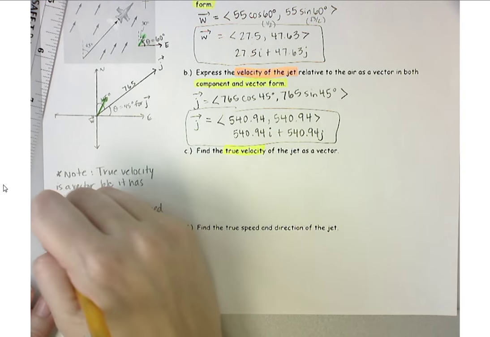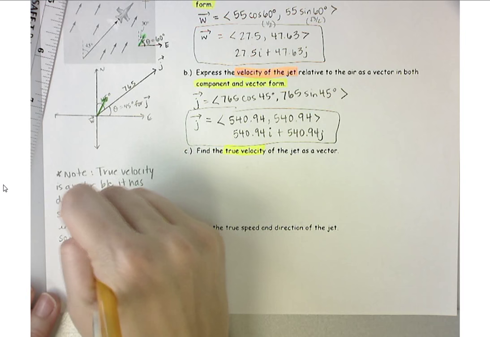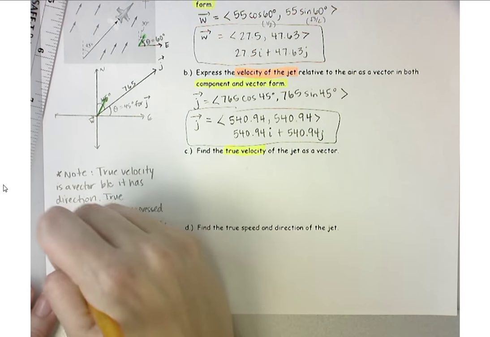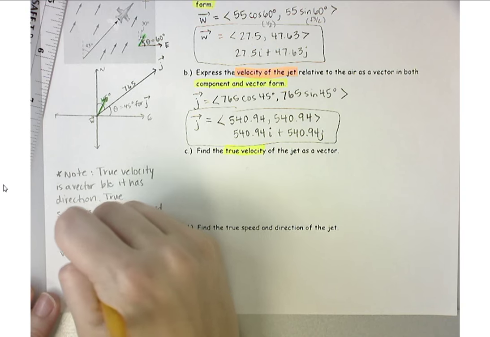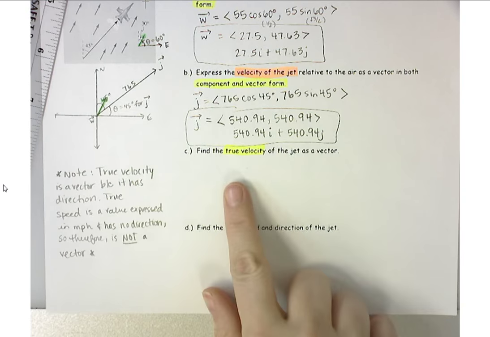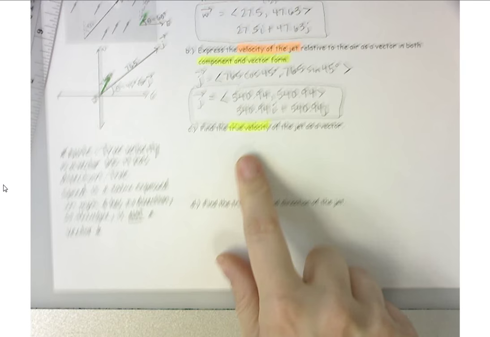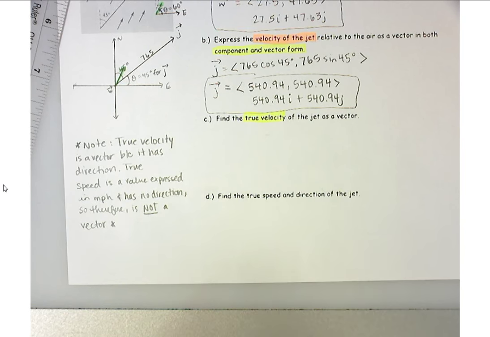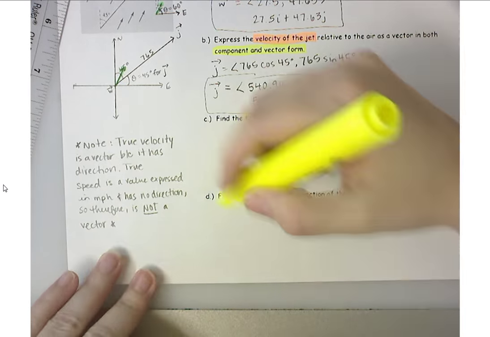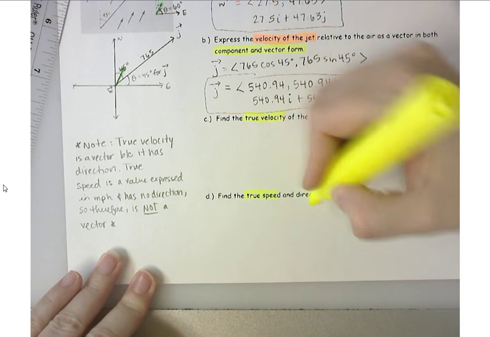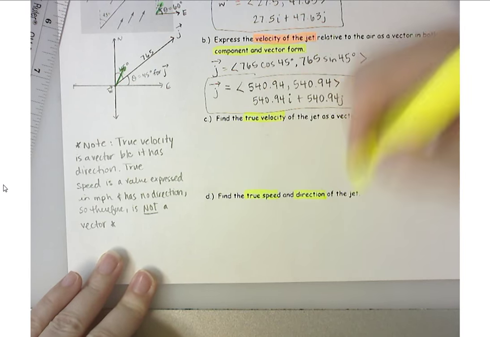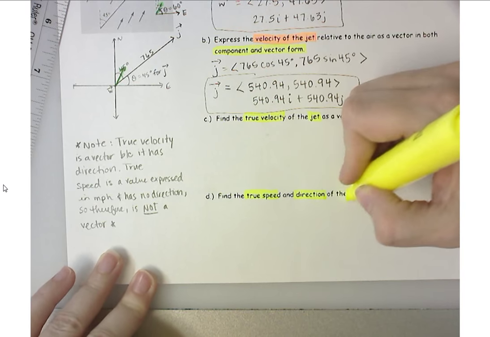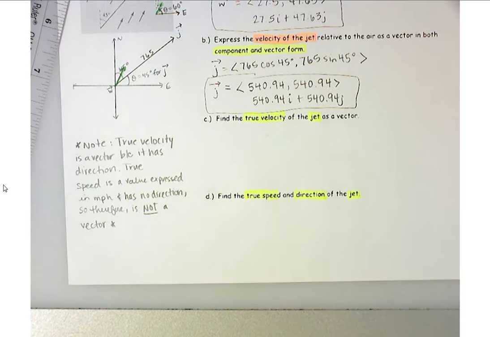So therefore it is not a vector. Okay, so when you're writing the true velocity, it is a vector. It has direction. When you find the speed, which is what we're going to have to do for this one, it says find the true speed and direction of the jet. This says find the true velocity of the jet. Okay, and this just says as a vector.